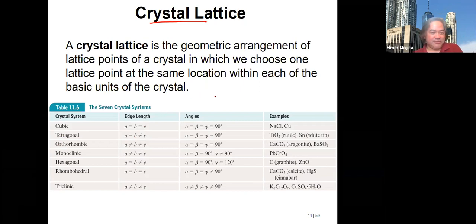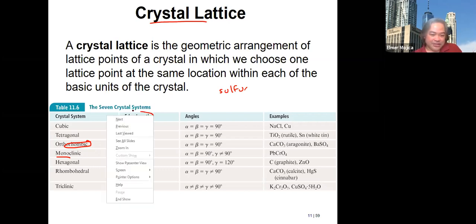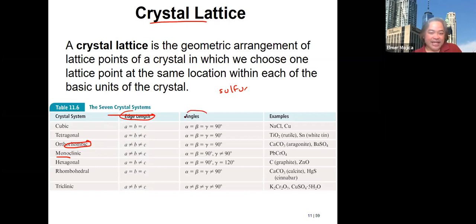Remember, I gave you an example with sulfur, the so-called rhombic and monoclinic. You don't need to know the 7 crystal systems, but I just want to let you know that if you have a crystal lattice, there are 7 arrangements of that, and they differ in terms of the length of their edges and the angles that you have.